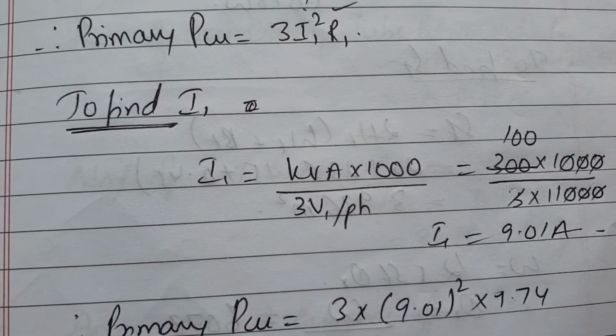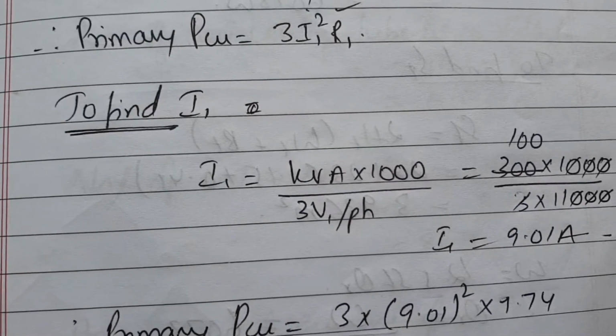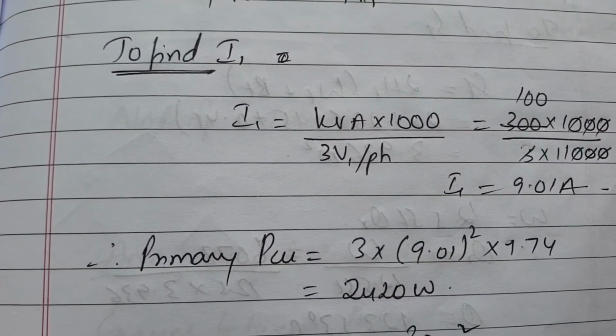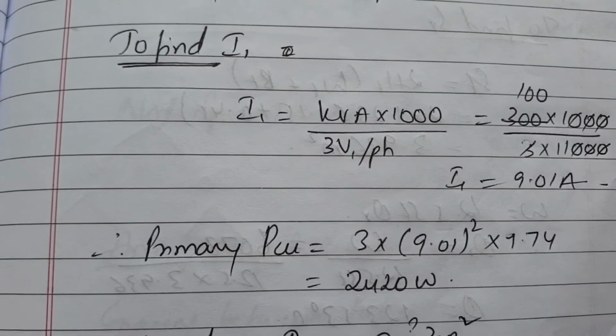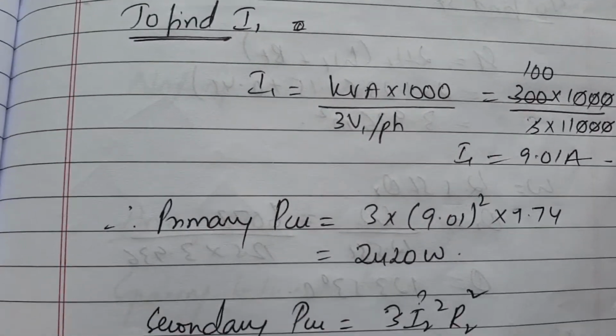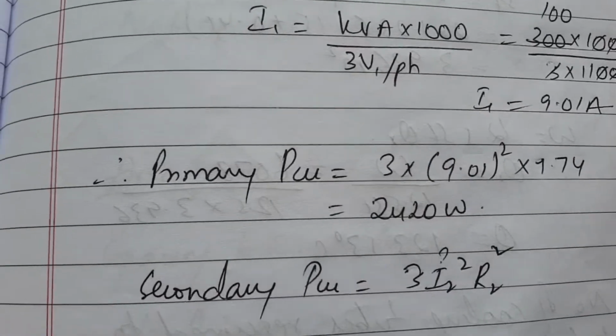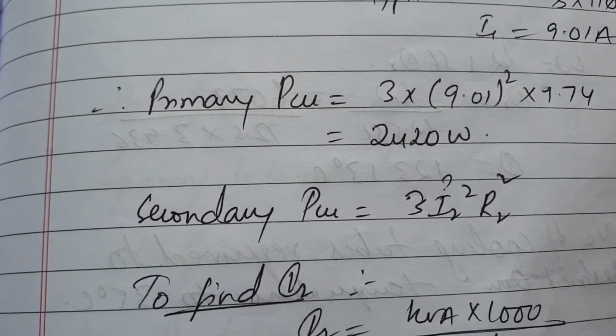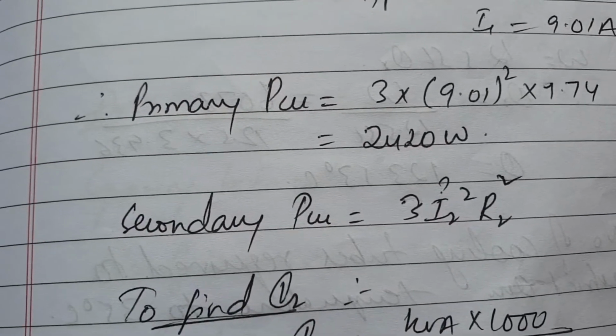Therefore, the primary current I1 is equal to 9.01 amperes. Substitute the values. The primary copper loss is 2420 watts. Similarly, calculate the secondary copper loss, that is secondary copper loss is equal to 3 I2 square R2.